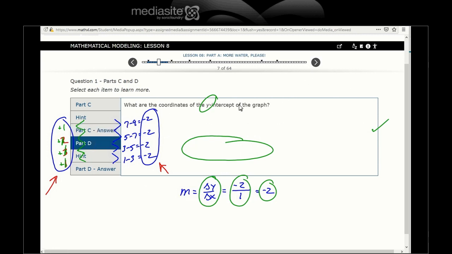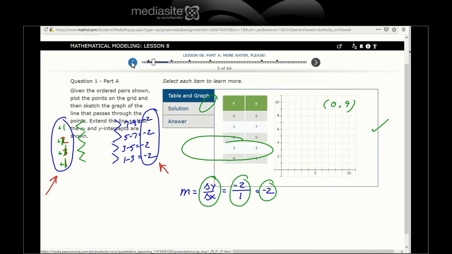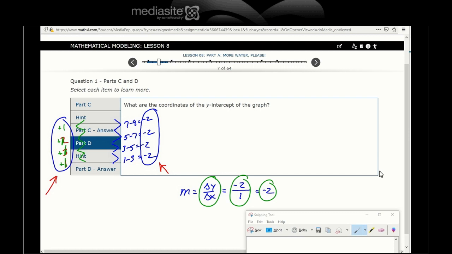What are the coordinates of the y-intercept of the graph? Okay, that would be the one. X is 0, y is 9. Very nice, they have the graph someplace located. Let's do that. Okay, did a little clicking here. So what are the coordinates of the y-intercept of the graph?